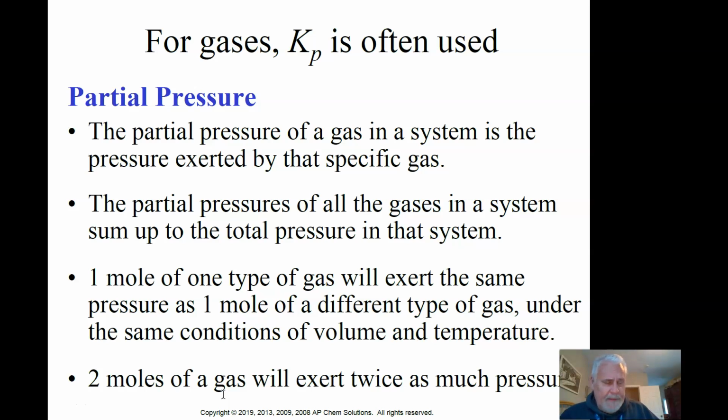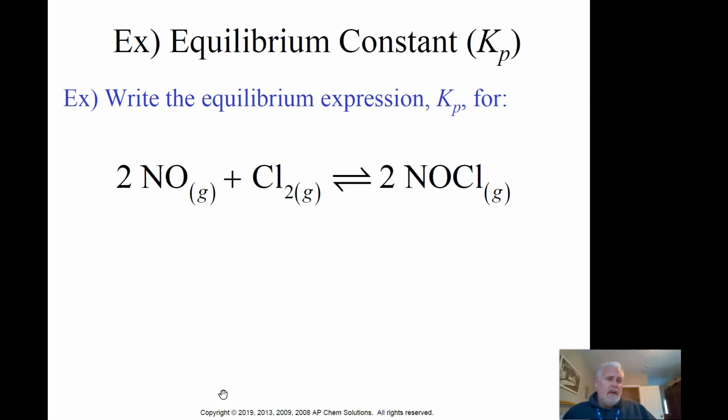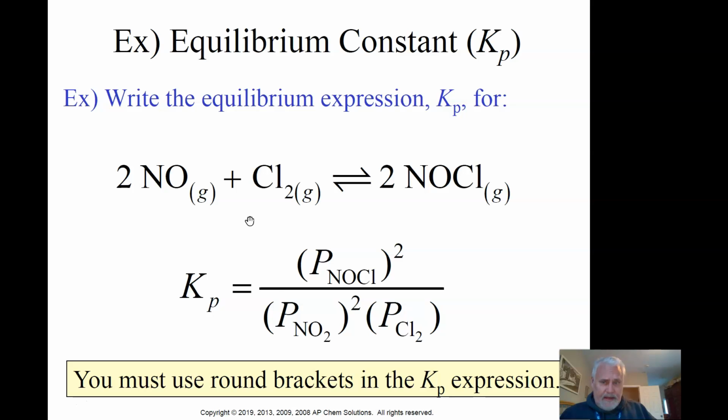If you were to take 2 moles of gas, that would exert twice the amount of pressure, as it says there. Okay? So if we were going to write a Kp expression for this reaction, we're going to include everything. So you would write Kp, then parentheses, P subscript, and you write the formula of the gas. That is how you write it.